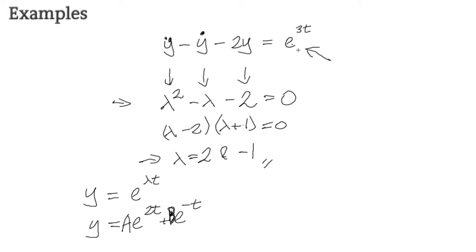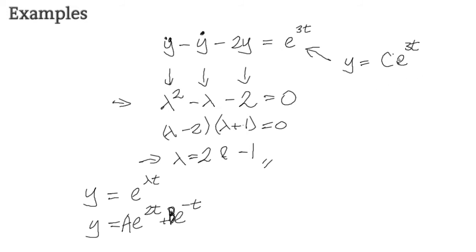So for the particular integral, we need to use the trial function method, which, looking at the value on the right, you can estimate or guess with enough practice. The trial function that I want to use is C e to the 3t.